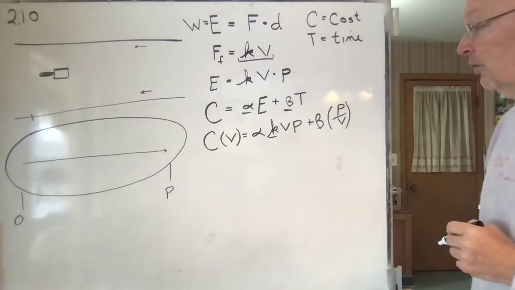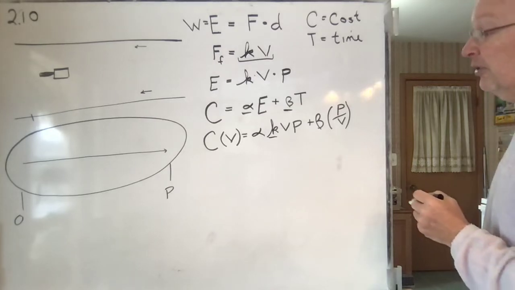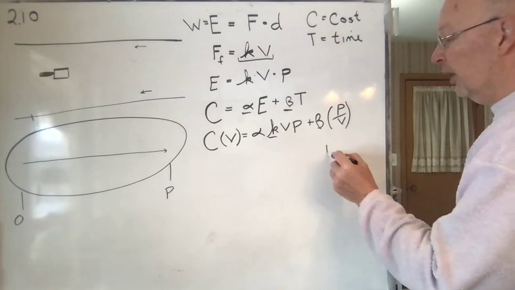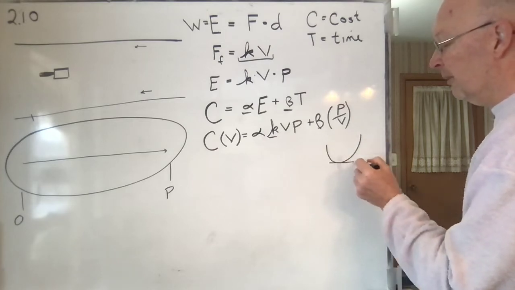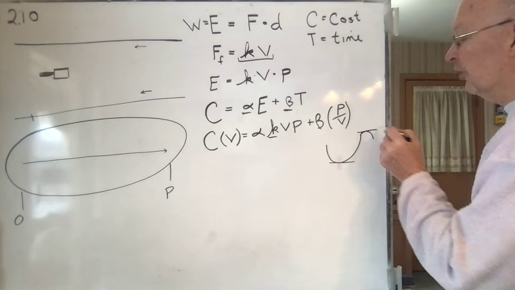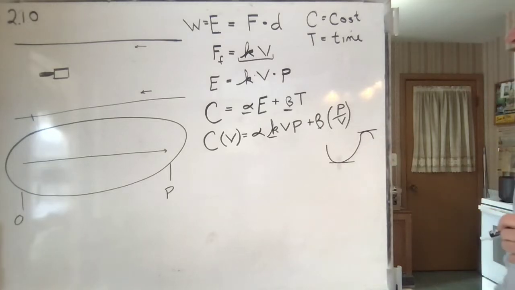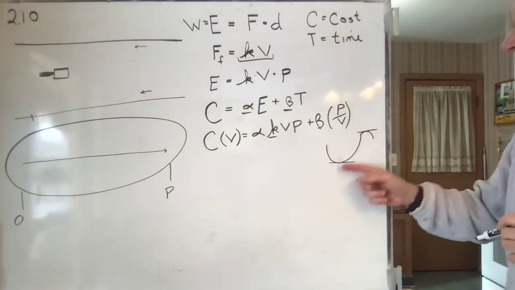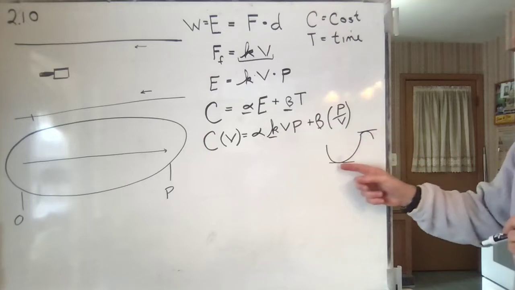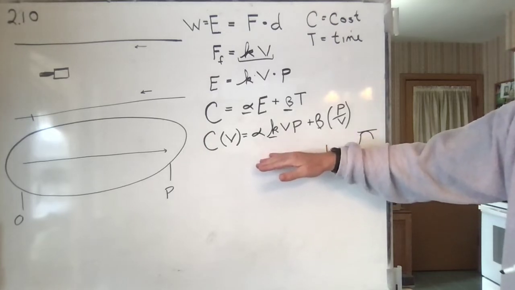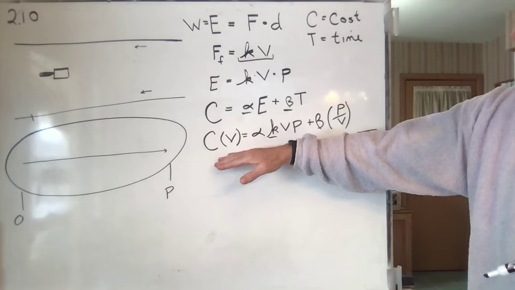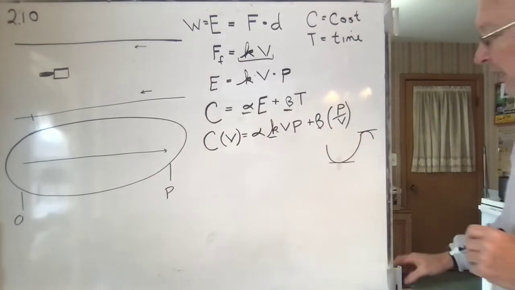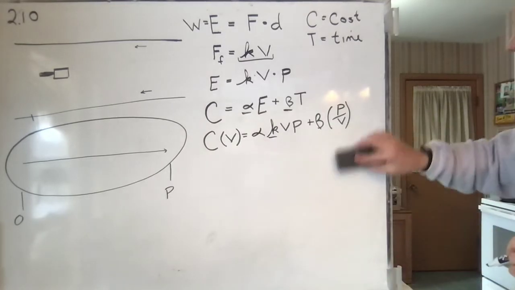So I'm not going to do too much more on this, except to remind you from Calculus 1 that if you want to know when a function takes on a minimum or a maximum, you need to know where the slope is 0. And the slope is 0 means that the derivative is 0, right? So back from Calc 1, you need to do what? Take the derivative of this thing, set it equal to 0. I'll just again get you started here.